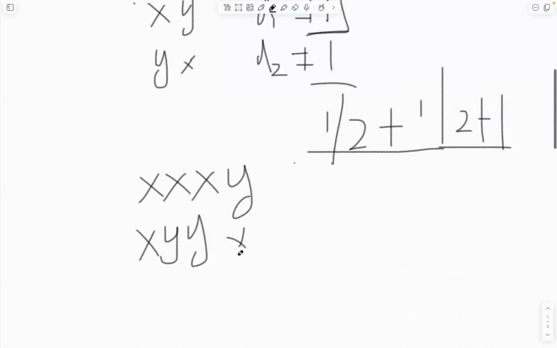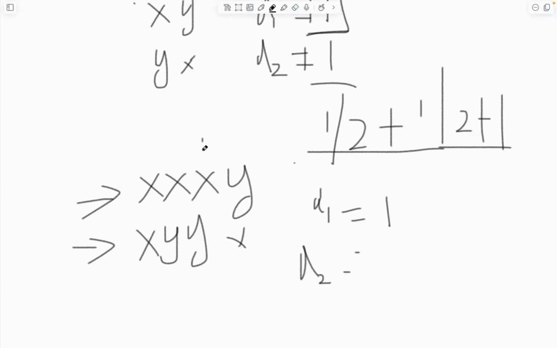Now let's see the third example. We also have d1 and d2. In the first position, both characters are the same, so we skip this one. Now we go to the next. It's xy, so we increment d1 by 1.